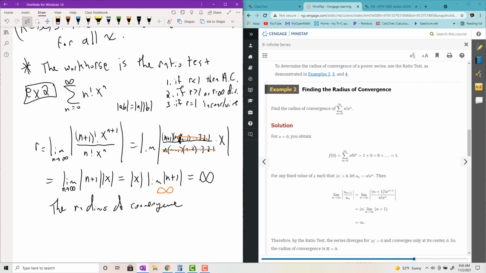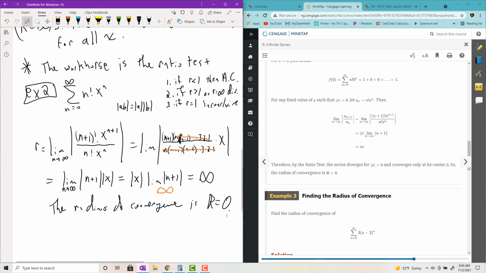Because if x was 0, then it'll be 0 times something inside of the limit, and that will be 0. So the radius of convergence is r equals 0. So it diverges everywhere except at the center.